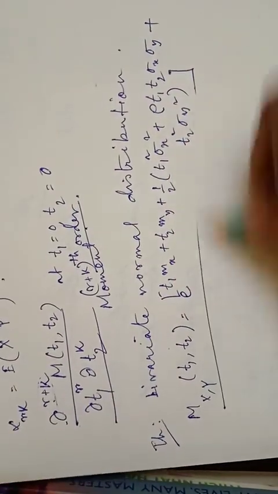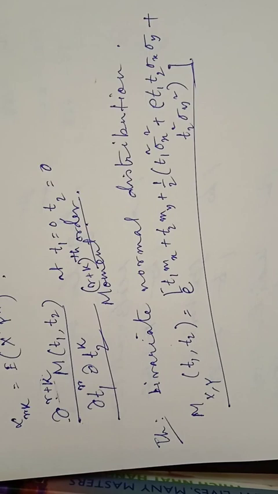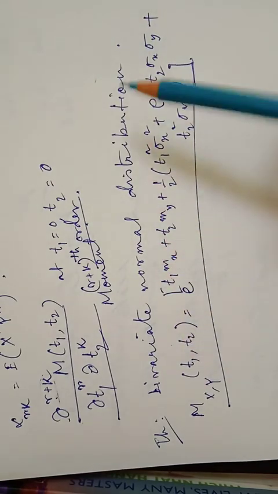So this whole quantity gives the joint moment generating function of a bivariate normal distribution.